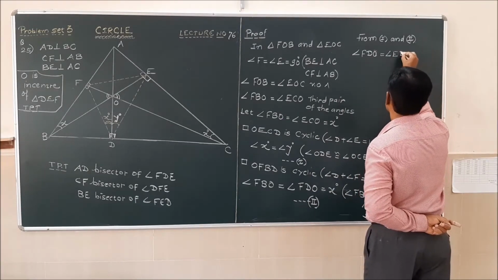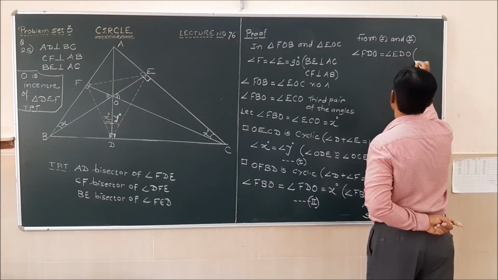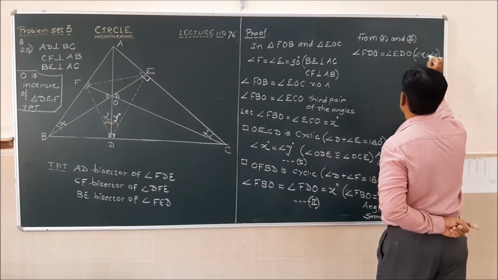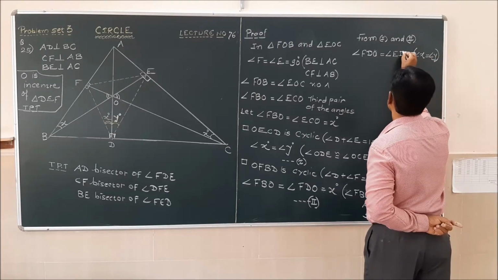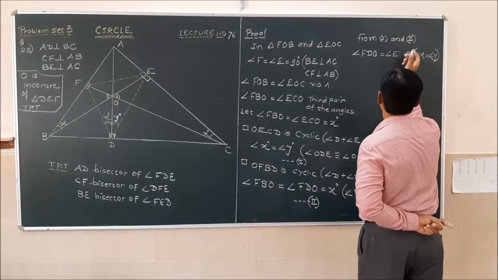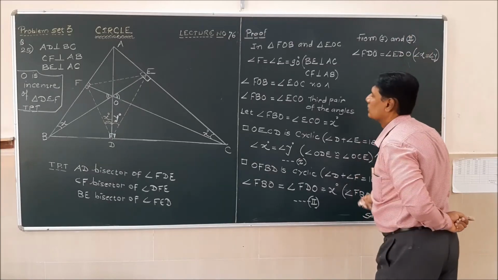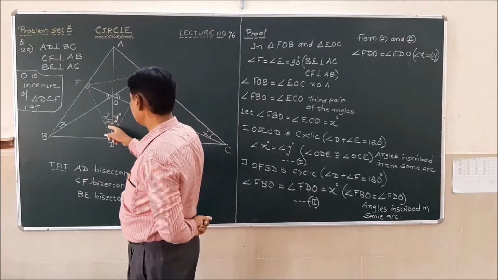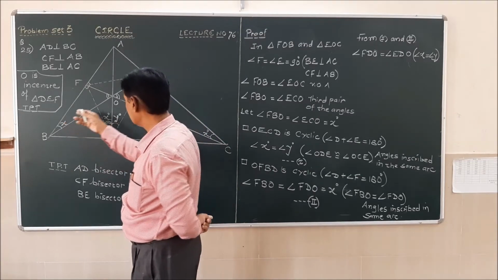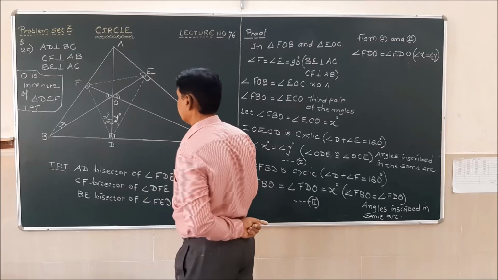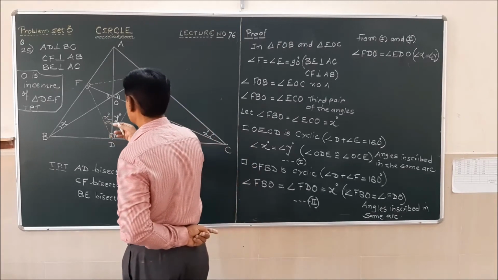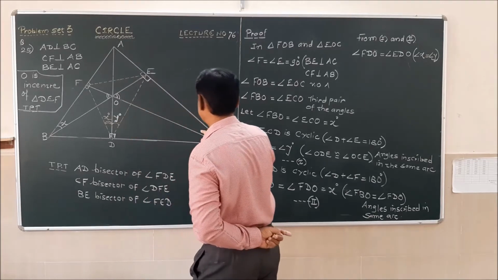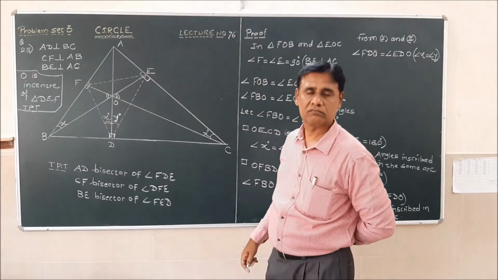From 1 and 2, reason is angle X is equal to angle Y. FBO is equal to EDO, X is equal to 1. But we have already proved this X is congruent with this X. This is also X. This is Y. So X is congruent with Y because this Y and this X is congruent.